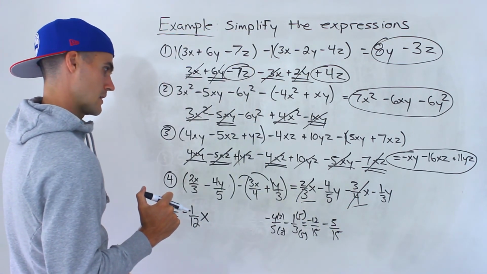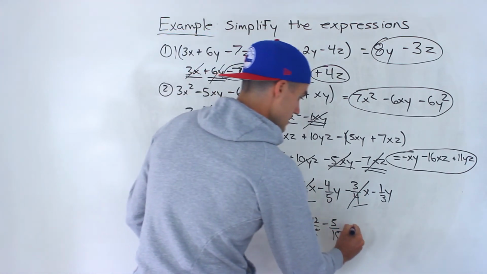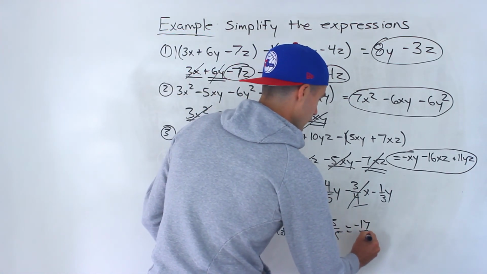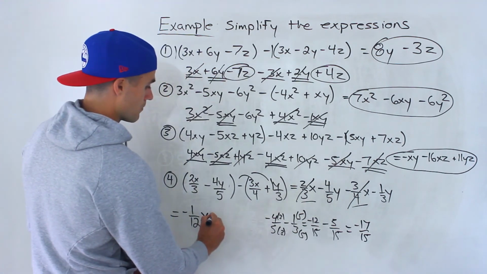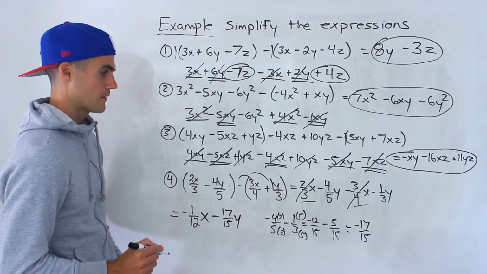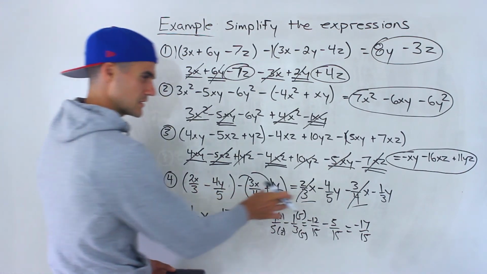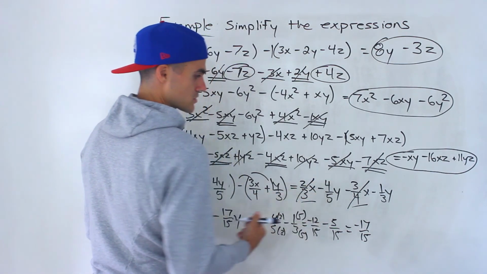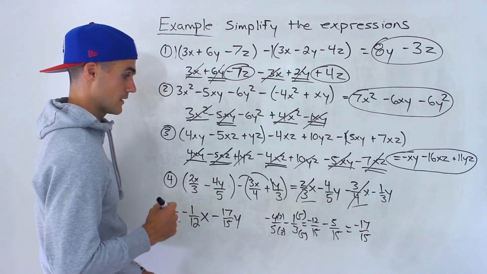And then minus 12 minus 5 is negative 17 over 15. That doesn't simplify, so we'd end up with minus 17 over 15 y. So exact same process, just be a little careful with the fractions. Maybe you want to do some work on the side like I just did.